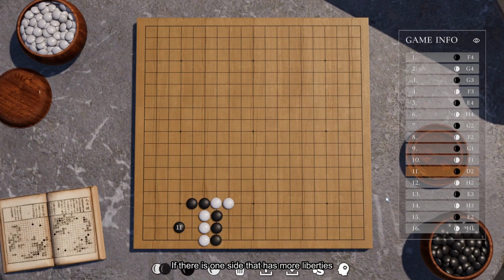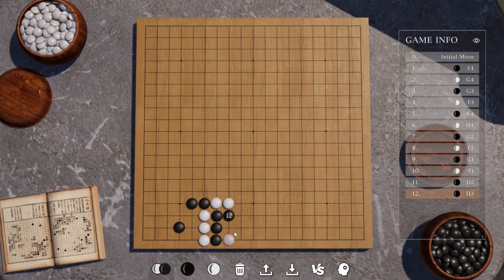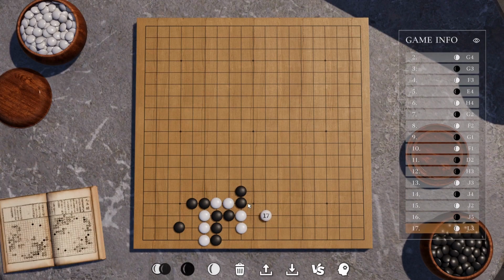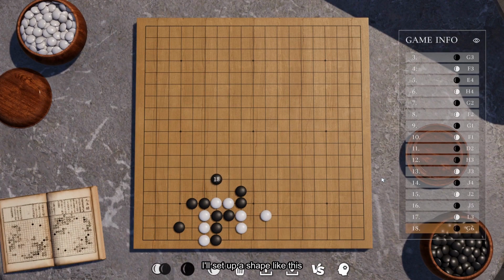If there is one side that has more liberties, then naturally the side with more liberties wins. Okay, next, let's look at another situation. I will make some changes to the stones. Okay, I'll set up a shape like this.